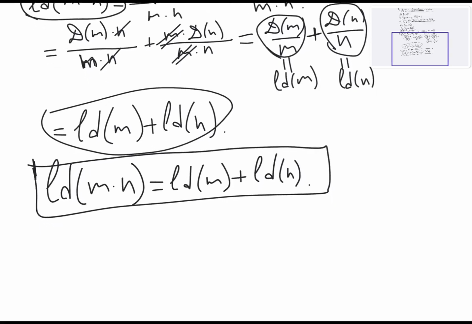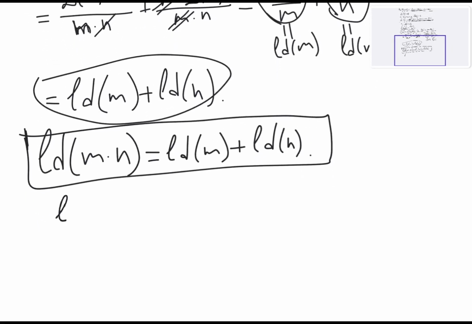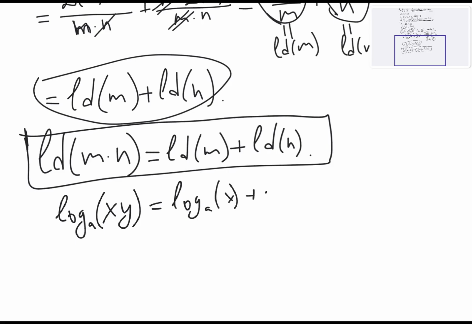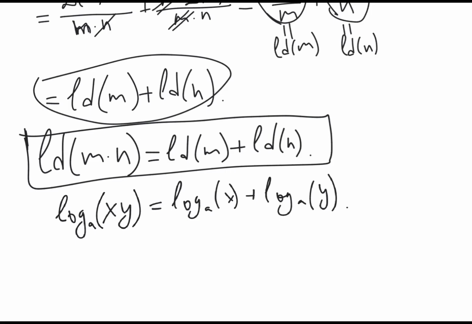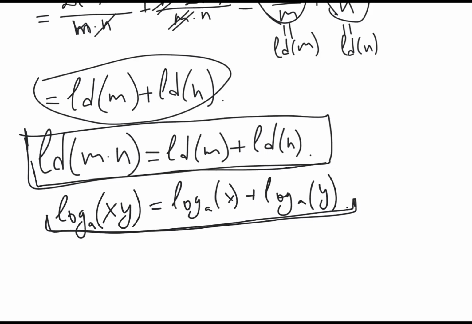So when the logarithm of the product xy with some base a, let's say, is equal to the sum, so logarithm of x plus the logarithm of y. So this is the formula for logarithms, and because of the similarity of this formula with this, it is called the logarithmic derivative, arithmetic logarithmic derivative.